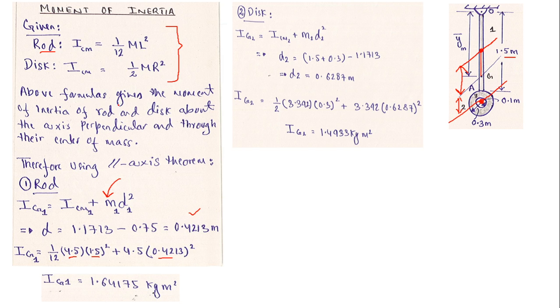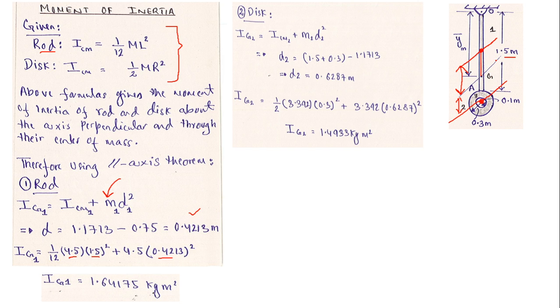Here ICM2 is the moment of inertia of the thin circular disk about its own centroid, which is given by 1 by 2 mr squared. And D is the distance between the axis passing through the centroid of the disk and the axis passing through point G.